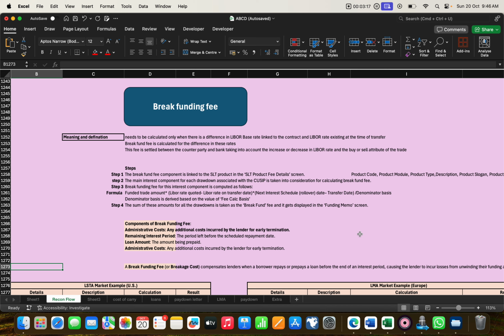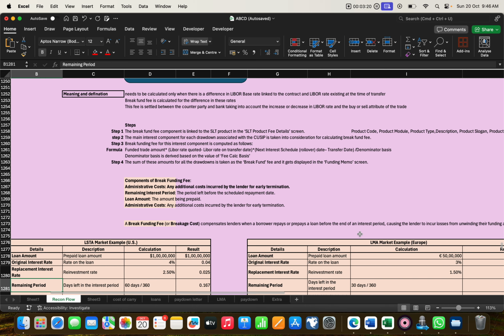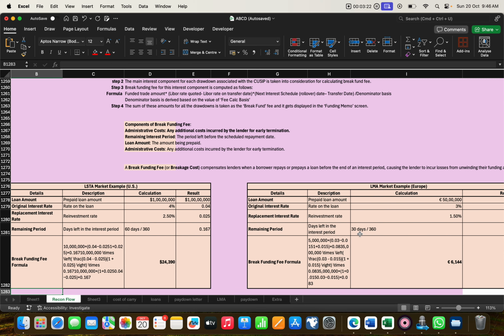So whatever the break fee amount is, it is directly included in one application, which is the funding memo screen.